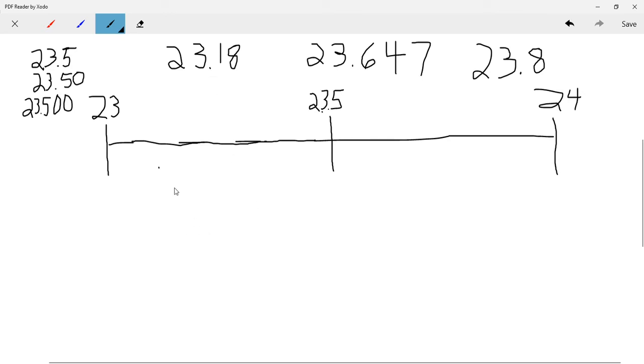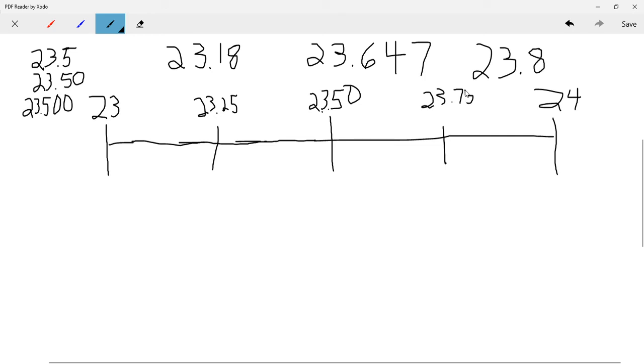So what I like to do, really the easiest way to do this, is I think about quarters, right? So let's just go halfway, and then it's 1/4, 25, 50, and then 75, right?